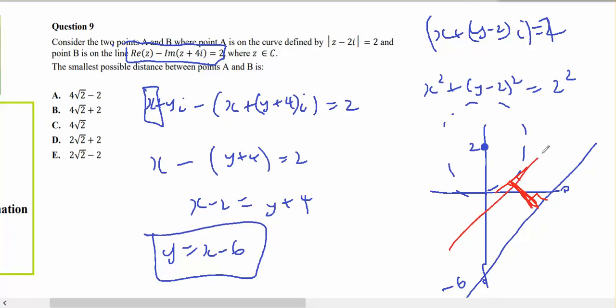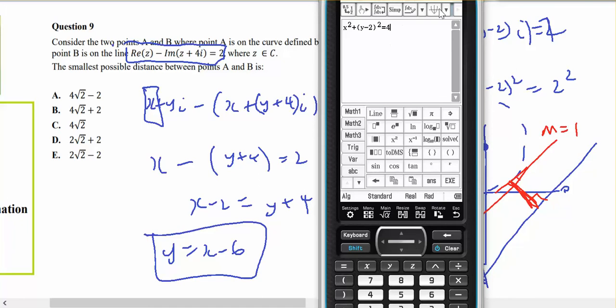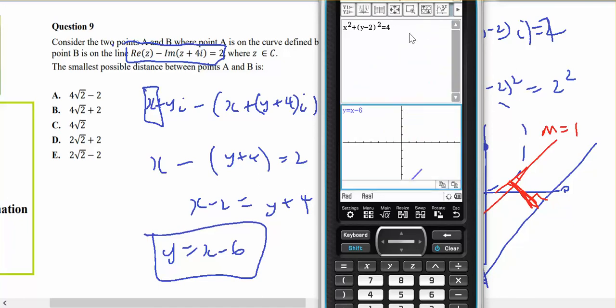I could do the implicit differentiation of the circle and set the gradient equal to 1 and solve for x, and then try and find that distance. So let's go. I've typed in my circle, and just to confirm, there's my circle and there's my straight line.